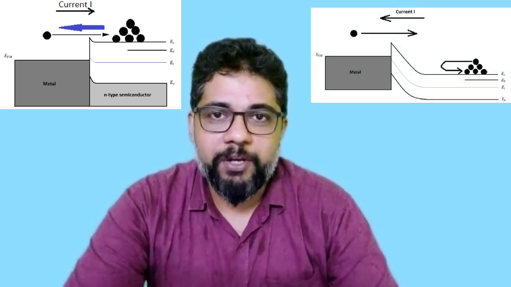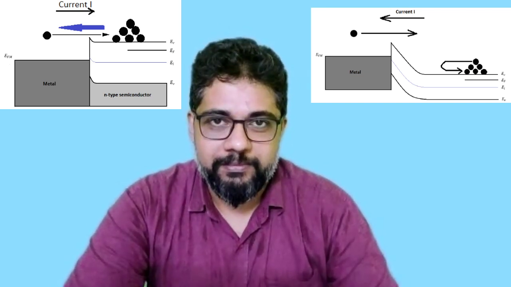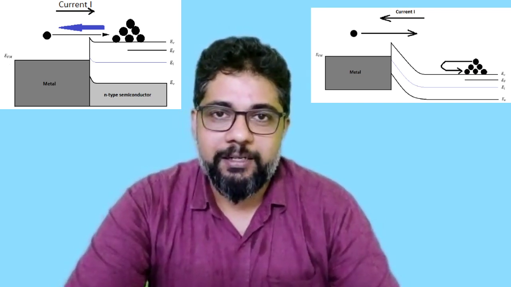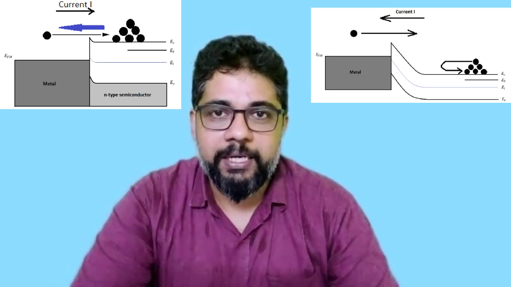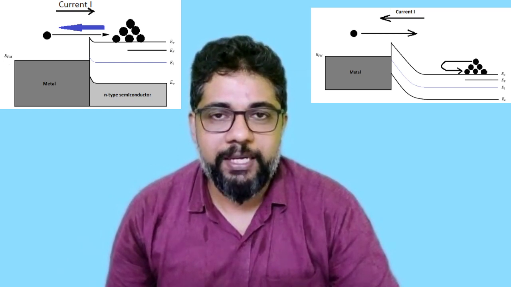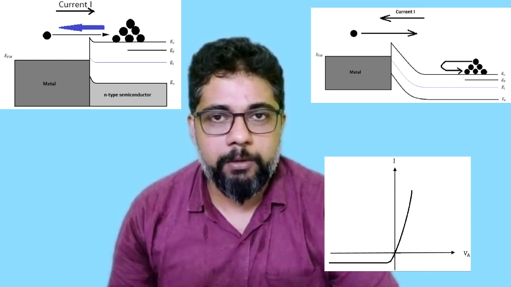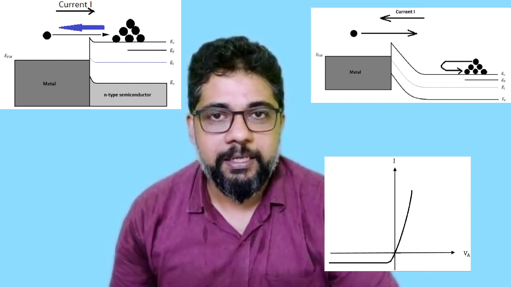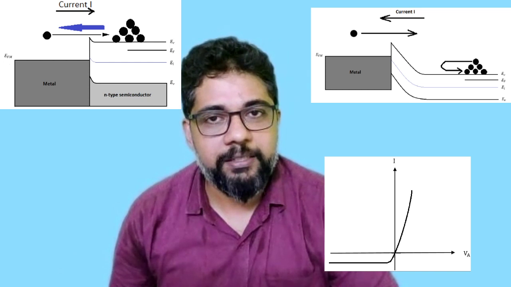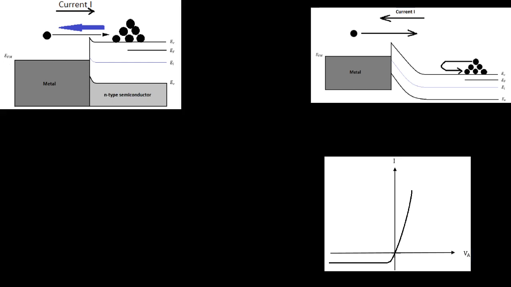On giving a reverse bias, the Fermi level of the metal side moves to a higher level so that the barrier potential increases, and that will make the flow of current difficult. That is why in the VI characteristics of a diode, during forward bias, there is a conduction of current, but in the reverse bias, there is only a small current flowing.